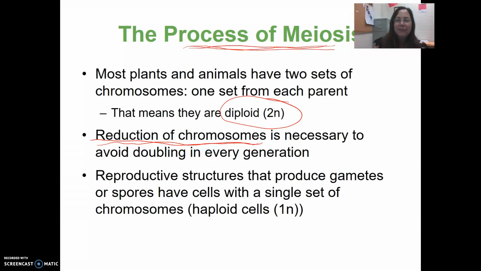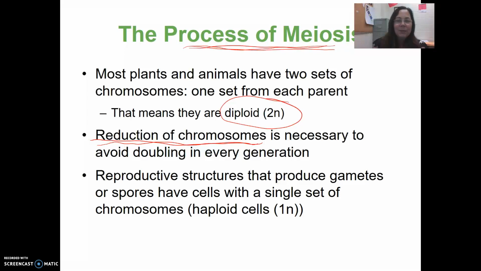So you must halve the number of chromosomes during meiosis so that when the gametes unite and fertilization occurs, the original zygote that's going to develop into the new organism has only two copies of the chromosomes, not 4 or 8, or it would just continue doubling, which would, of course, never work. Eventually, cells would not be able to hold the number of chromosomes because they would double every time two individuals mated.